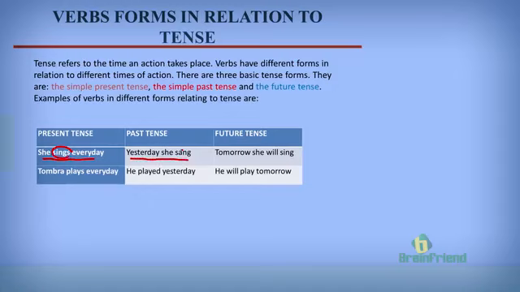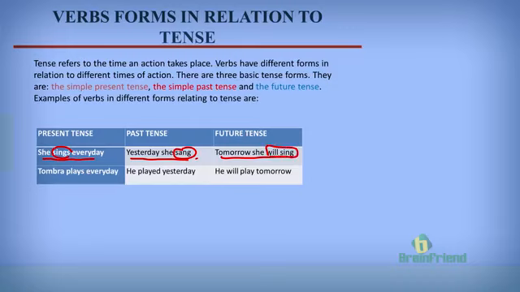Now notice the verb sings has changed to sang because of its tense. Tomorrow she will sing. This is future tense. With the auxiliary verb will, we have indicated that this action will take place sometime in the future.